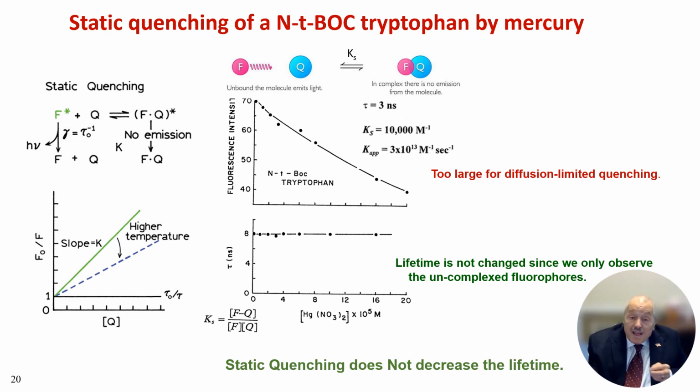But we could have figured that out even without doing the lifetime measurements, because if we assume a lifetime of 3 nanoseconds, which is approximately right for tryptophan, this gives us a static quenching constant of 10,000 reciprocal molar, and the apparent quenching constant is 3 times 10 to the 13th. So this is simply too large for diffusion controlled quenching, so there has to be some binding between the molecules because they couldn't collide with one another fast enough for that to occur.